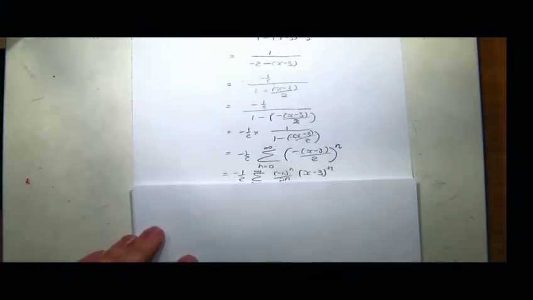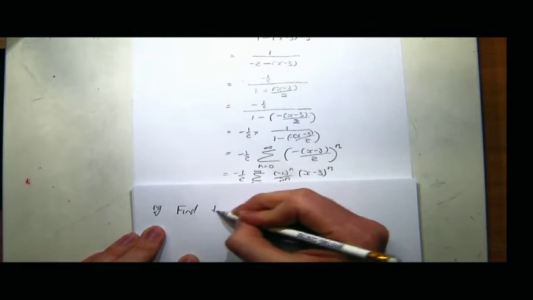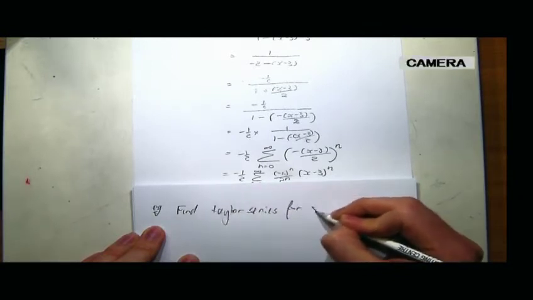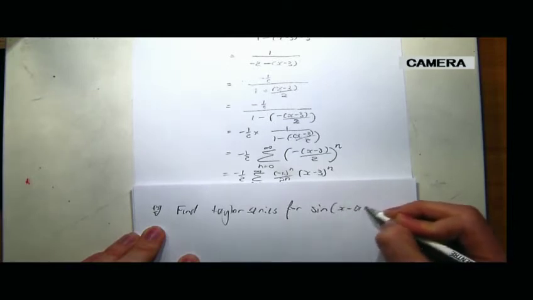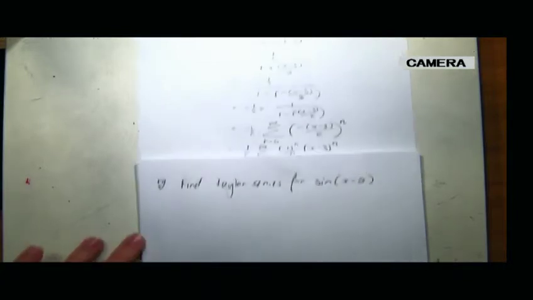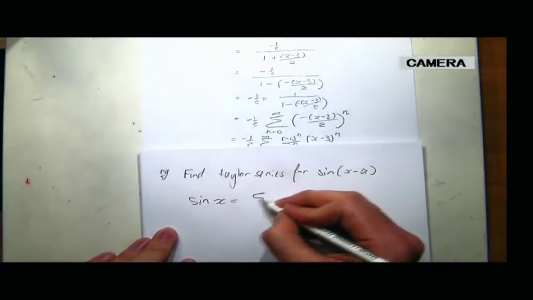They were more like, find the Taylor series for sine of x minus a, which is way easier because you just go like, all right, sine x is this.